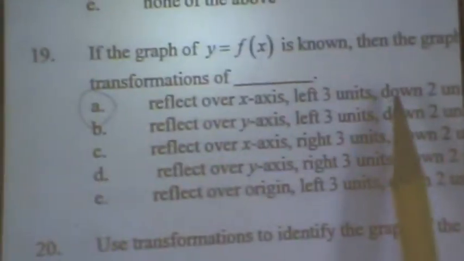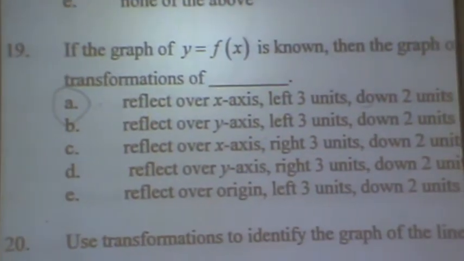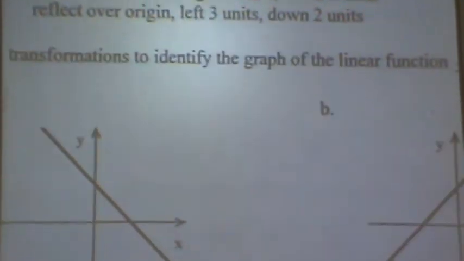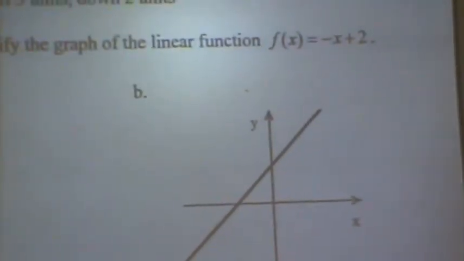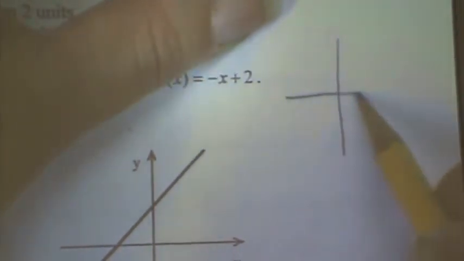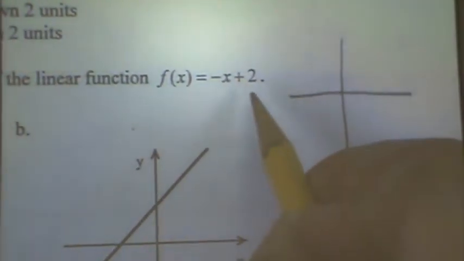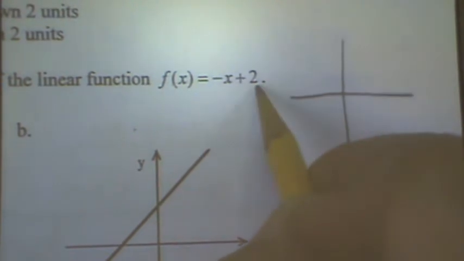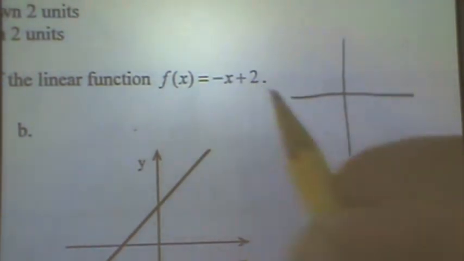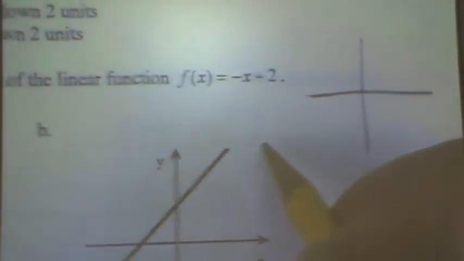It's a combination of all three, so A. Number 20, use transformations to identify the graph. This one, you could just actually do by slope-intercept form. This is going to hit the y-axis at 2, and it has a negative slope. It's going down 2, so it's A.